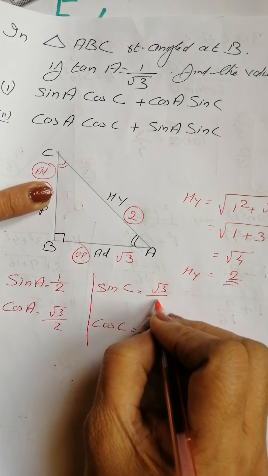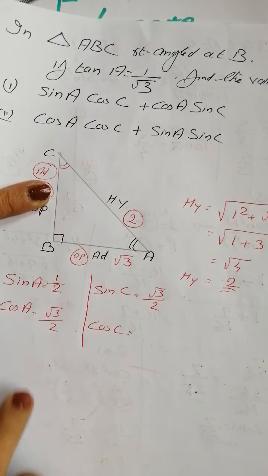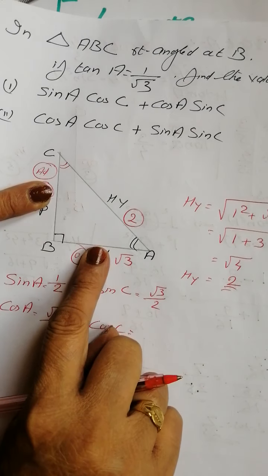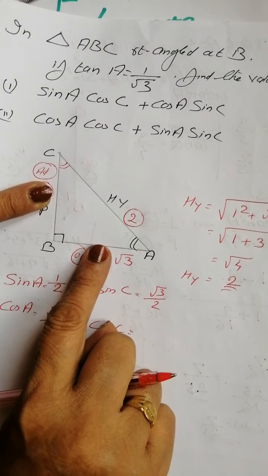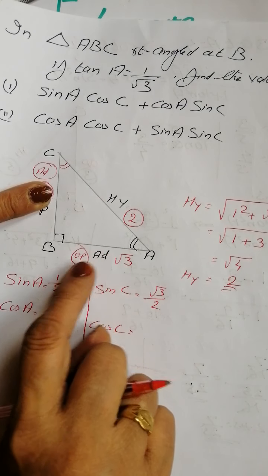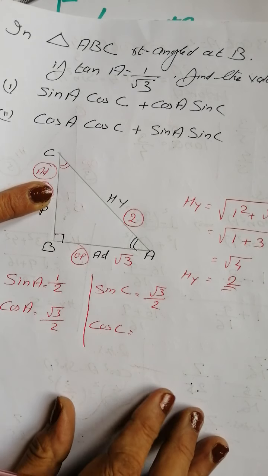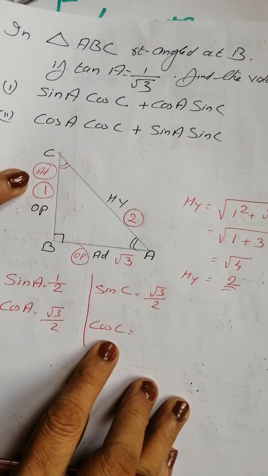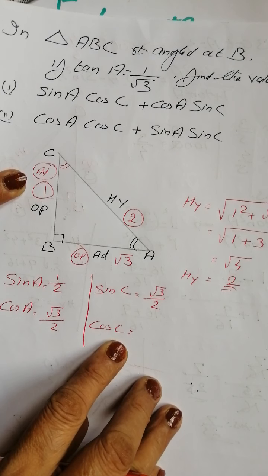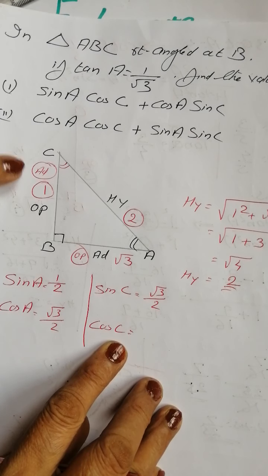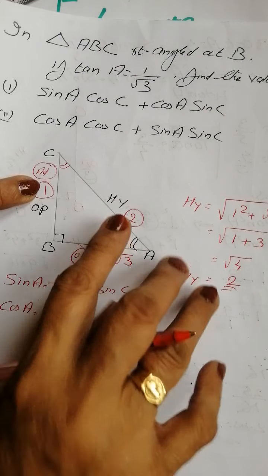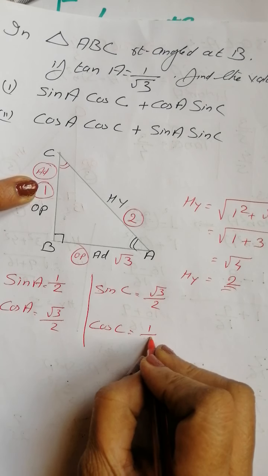Sin C is equal to opposite by hypotenuse. So opposite now, this is root 3, hypotenuse is 2. Up till here clear? And what is cos C? Just evaluate cos C now. Cos C is equal to adjacent by hypotenuse, 1 by 2.